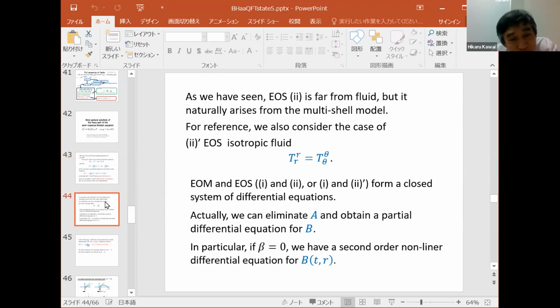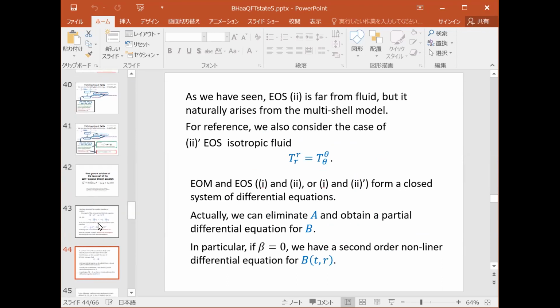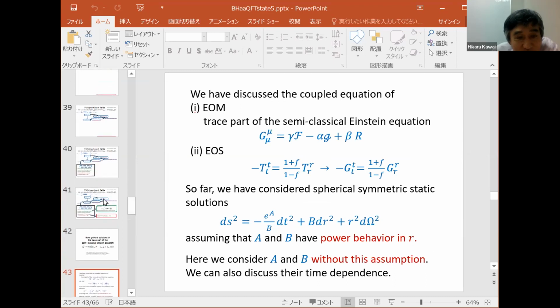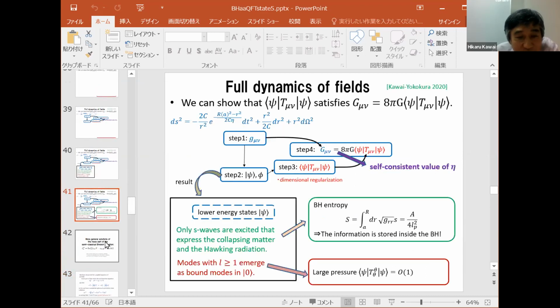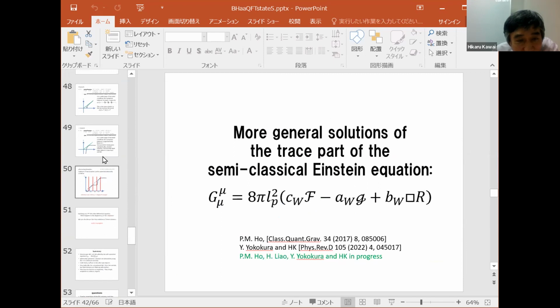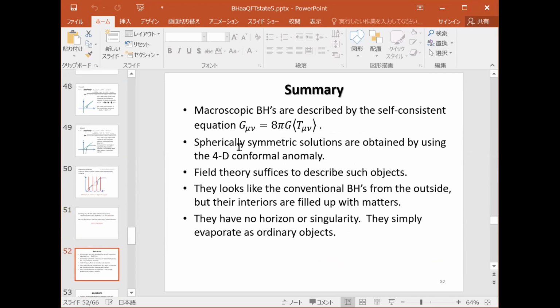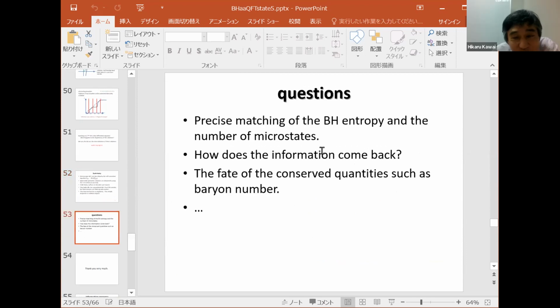Okay, testing probably means that for primordial black holes, we can see how they evaporate. If we can make this model precise, we can see how they evaporate. For example, by solving the model explicitly, we can answer how the information comes back.